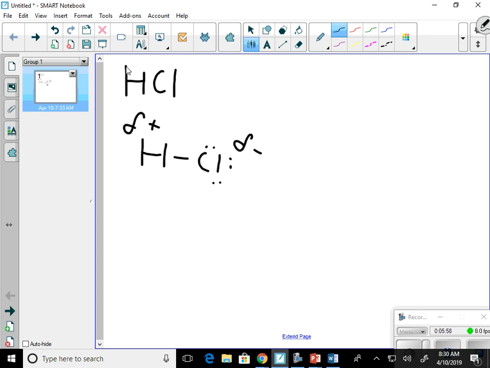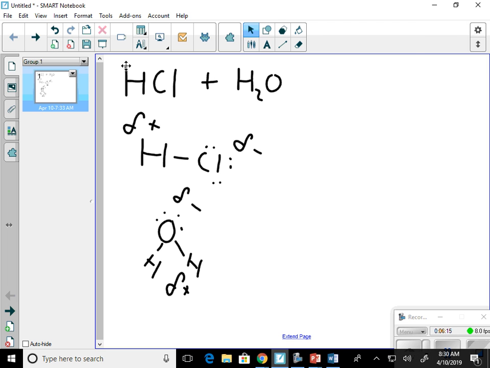Now, if hydrochloric acid was placed in water, so I'm going to draw water. Water, you betcha it's a polar molecule. Notice how I drew it. My oxygen on water is a partial negative.